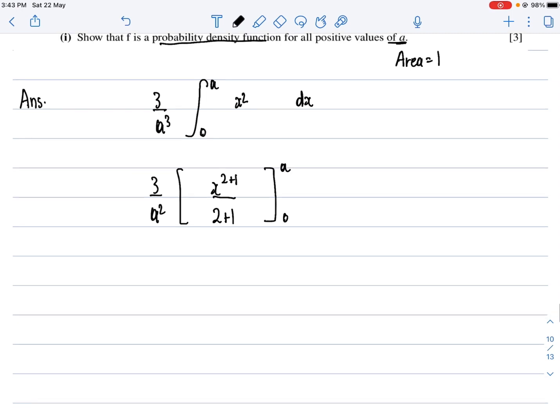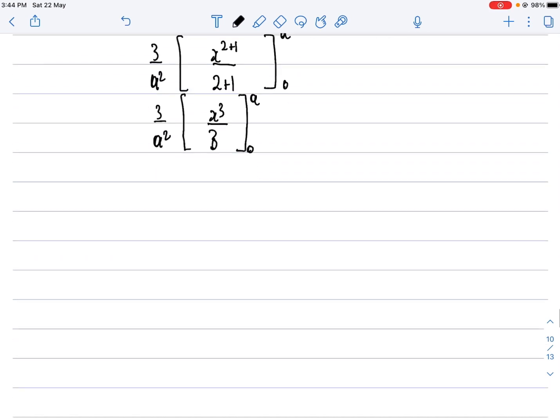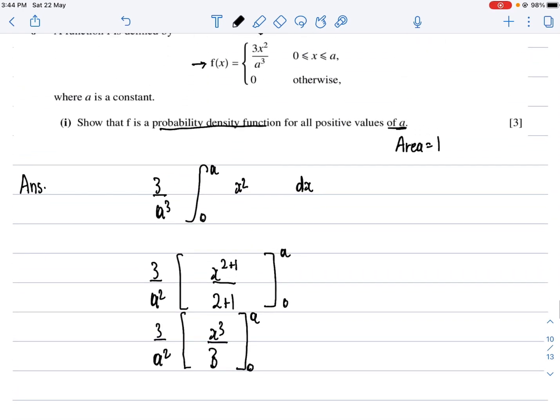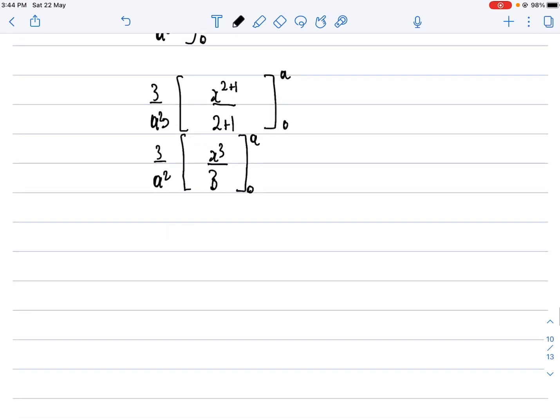So I can write this as 3 over a cube with x cube over 3, with limits 0 and a. This is a cube here, not a square, my bad.